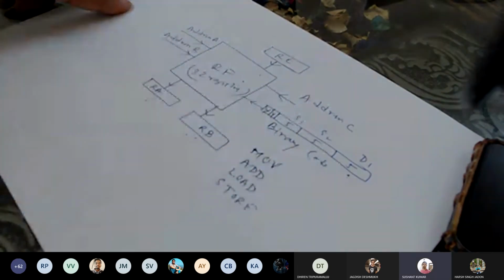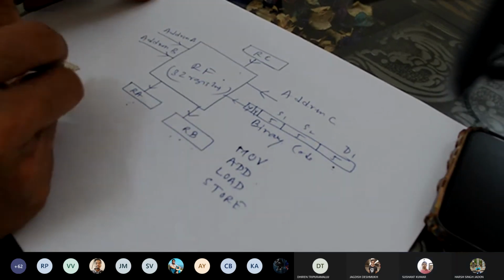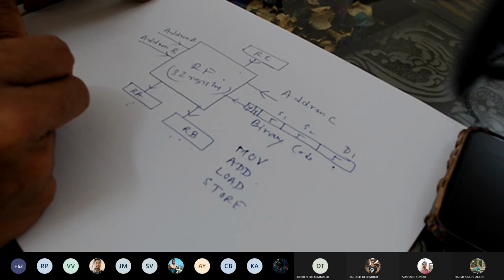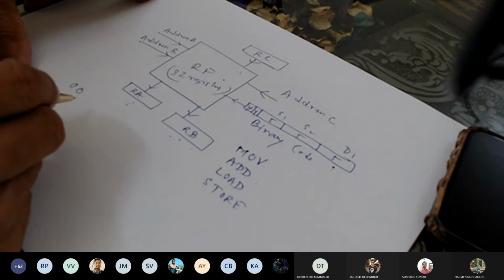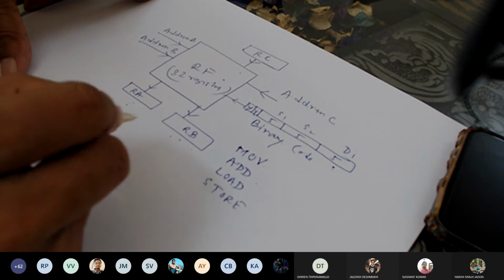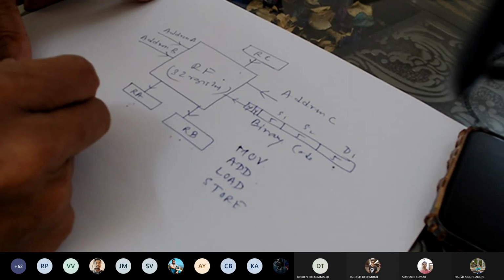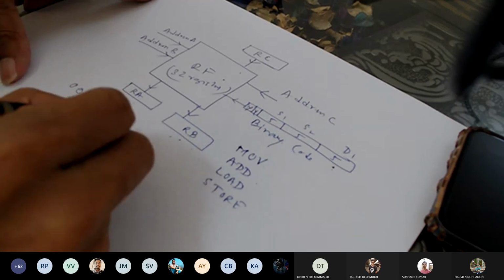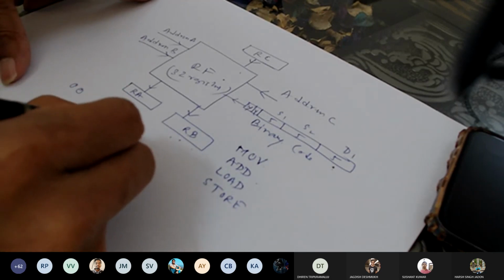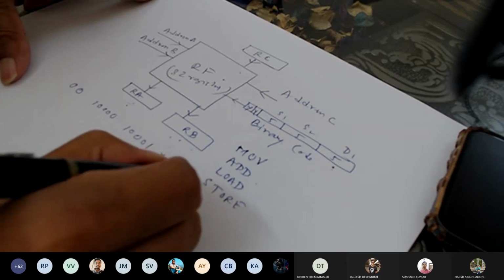Sir, can you give some examples of the syntax which will be followed? Yes, sir. So if I write like this: 0 0, then 1 0 0 0 0, 1 0 0 0 1 x x x x x.